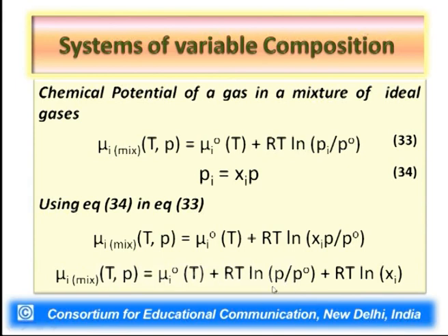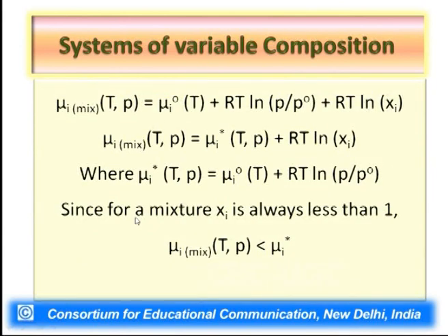P is the total pressure. So when that particular gas is present as a pure substance, the sum of the first two terms indicates the chemical potential of that ith gas. Please note very carefully, I have put an asterisk over there as a superscript.